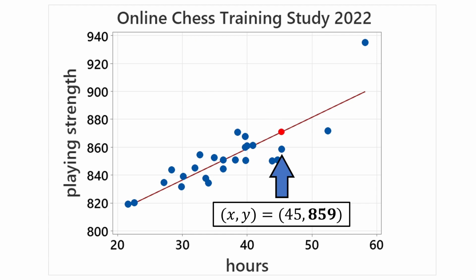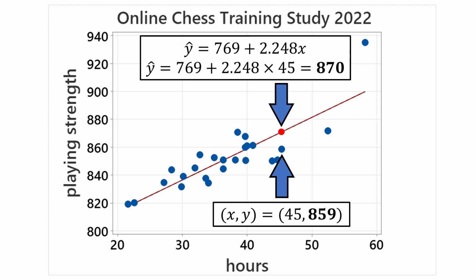The model predicts their chess playing strength to be something different, and that's marked in red. We obtain that predicted chess playing strength by taking the linear equation, plugging in 45 hours where we see x, and doing the calculation, and we get 870. So the observed value for that student was a playing strength of 859, and the predicted value for that same student is 870.